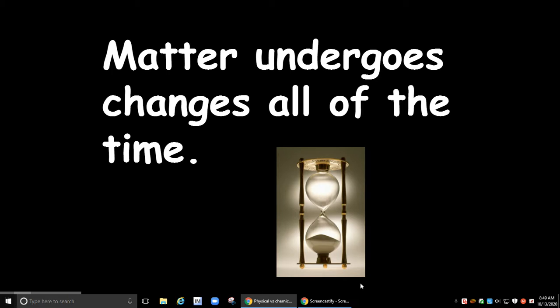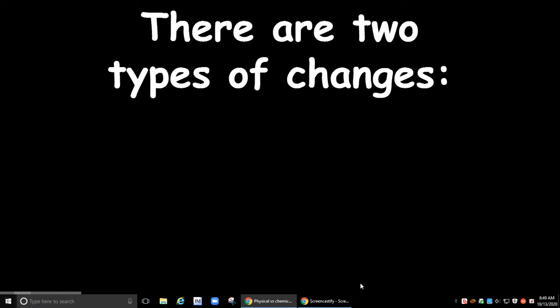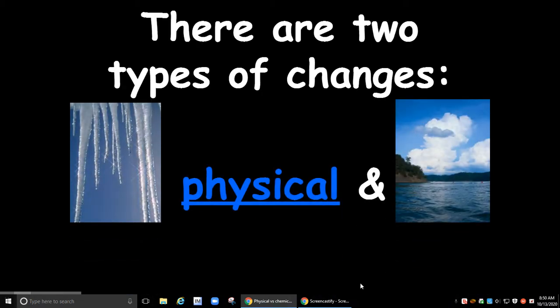Okay, so first thing we need to understand, of course, is that all matter undergoes changes all of the time. And there are two different types of changes. There's physical changes, and this is when substances just go through a physical change, but they don't change what they're made of. So, for example, in the picture, you see icicles, you see clouds, you see a lake.